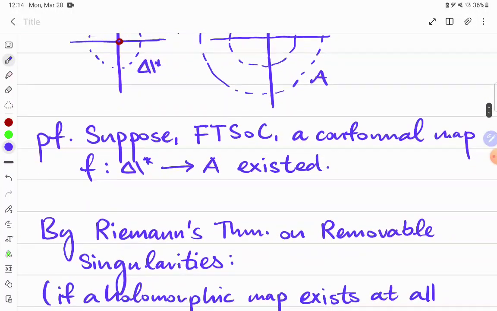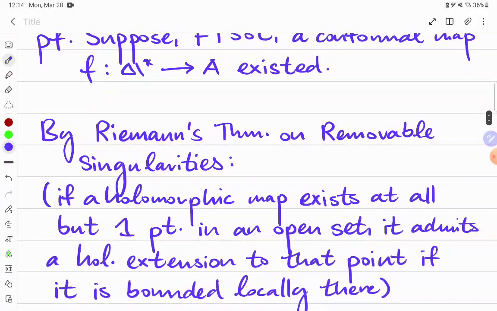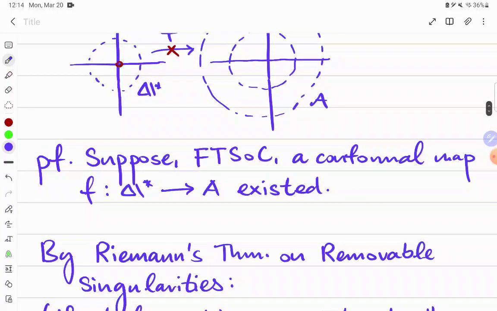It states in general that if a holomorphic map exists at all but one point in an open set, you can extend it to fill its value on that point. That is, it can take a value there such that the function is still holomorphic, and it is defined now on the whole region. This is possible if it is locally bounded. That is, you can find some small neighborhood about the point where the image is not arbitrarily large.